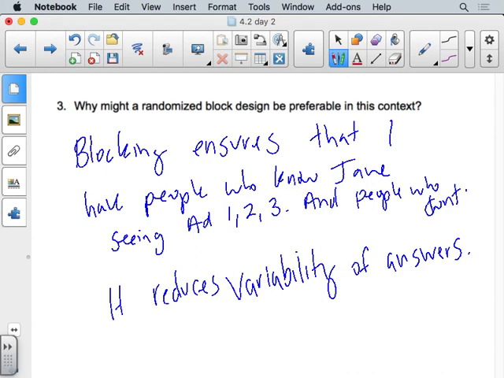Got blocking, matched pairs, just a regular old experiment. What we're trying to do with these two is, well, we could say cause and effect, but we're trying to reduce any confounding variables like, oh, these people, those are hard to control though.